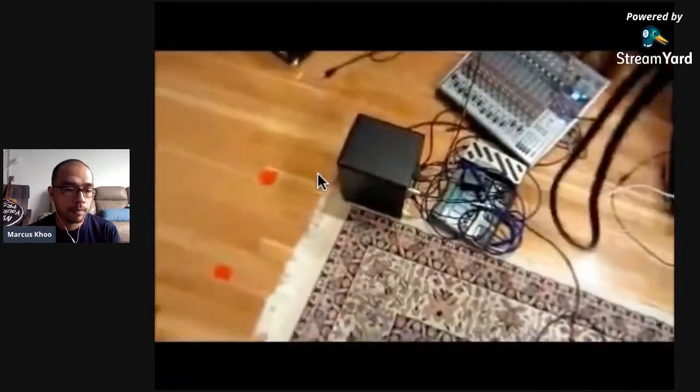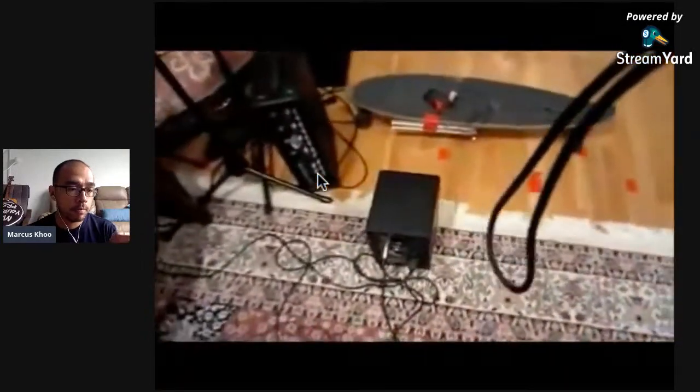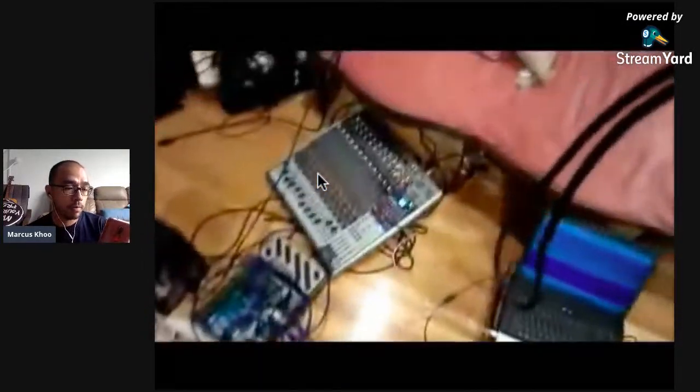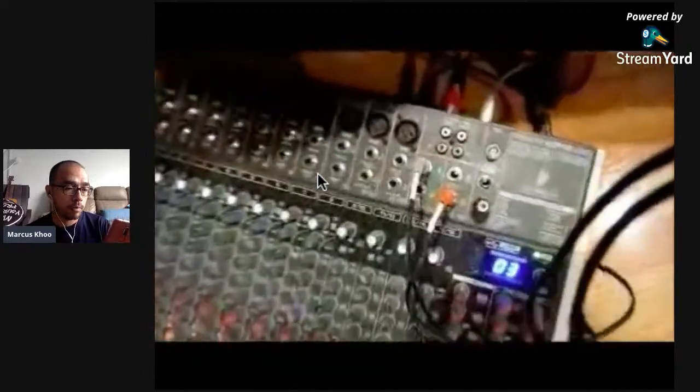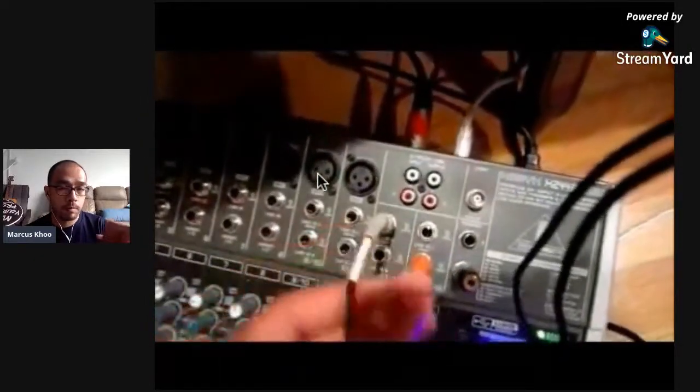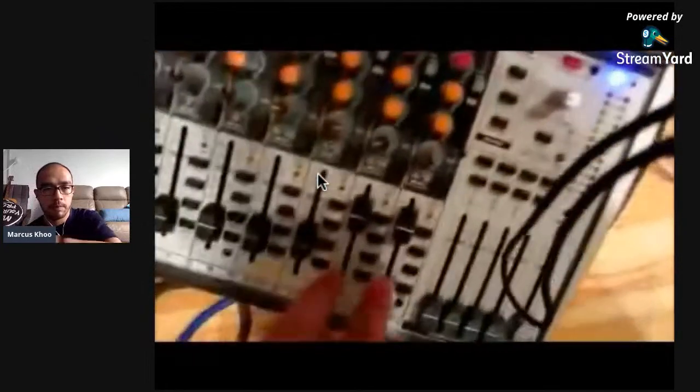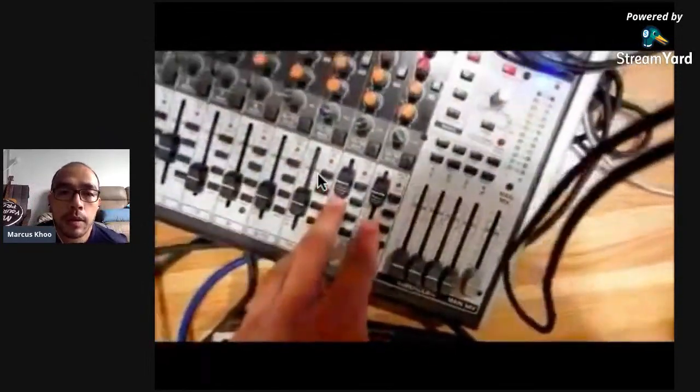The sound is produced with these two studio monitors that go into this mixer, with a left and a right channel. You can control the volume here, and I set them equal. Here's the master volume. This USB goes to the computer where I'm running Audacity.